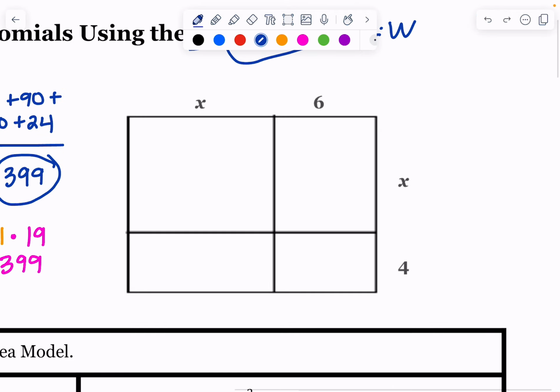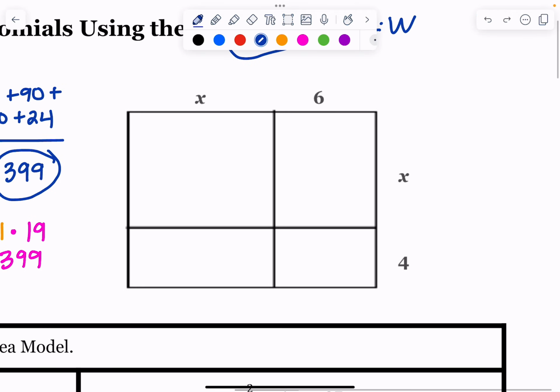Before we get there, we're going to baby step and do this problem, same thing, area. So for this one, we've got a length of x and a width of x, so that would be x squared. When we multiply x times x, we get x squared. Here we've got 6 times x, which would be 6x. Here we've got x times 4, which would be 4x. And last one, we've got 6 times 4, which would be 24.